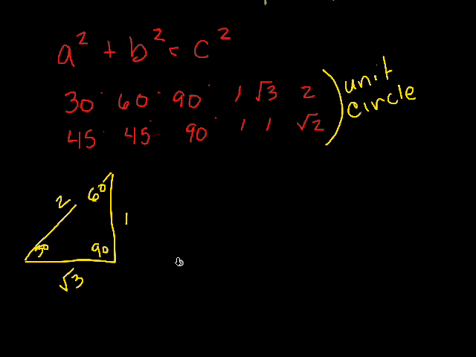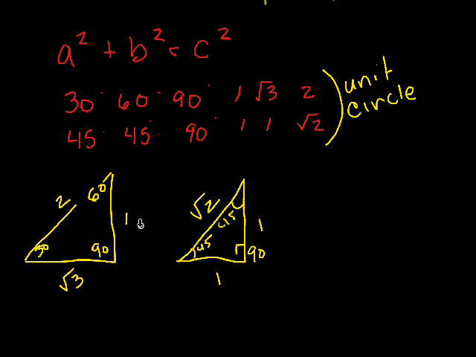And then the 45, 45, 90, it will be 1, 1, square root of 2. Now, you go, well, that must just be the way it is because that's special, but it actually fits directly into the Pythagorean theorem.